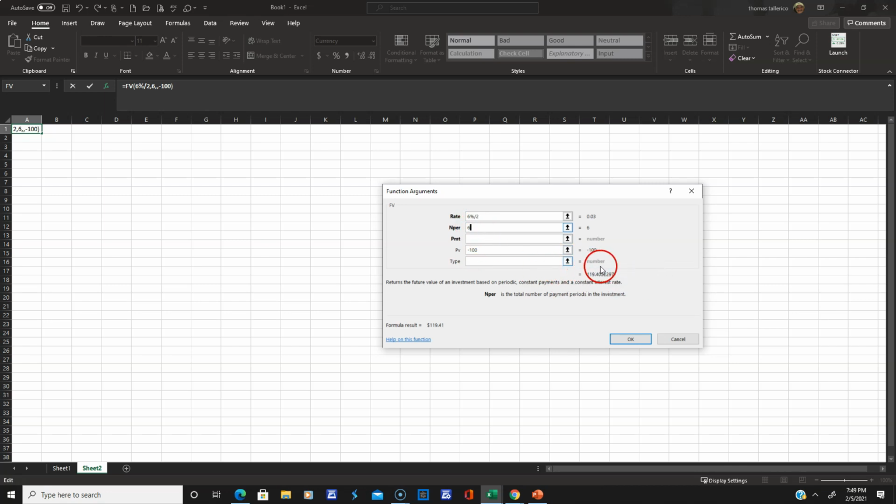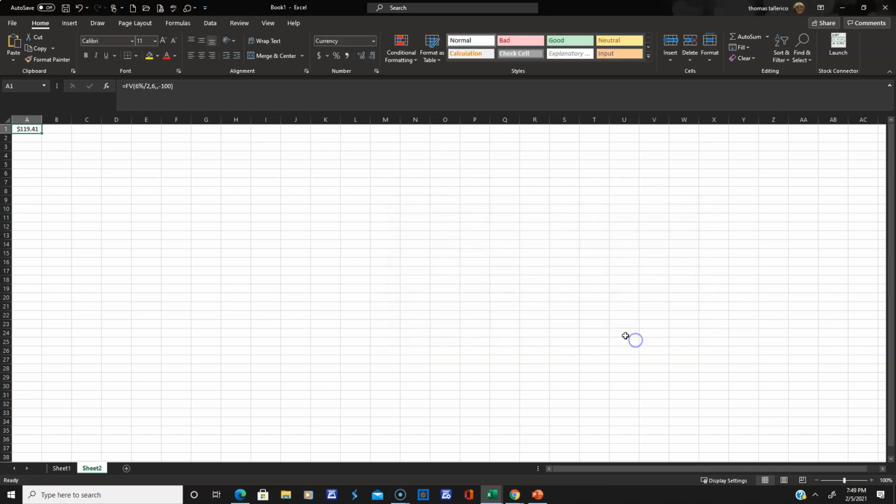Obviously, the longer you keep the money in the bank, the more it's going to grow. Remember, the number of periods is the total number of payment periods in the investment. So for 3 years, if it's 6 months, it would be 6 periods. I hope everyone's clear on that. So I'm going to say okay and put that there.